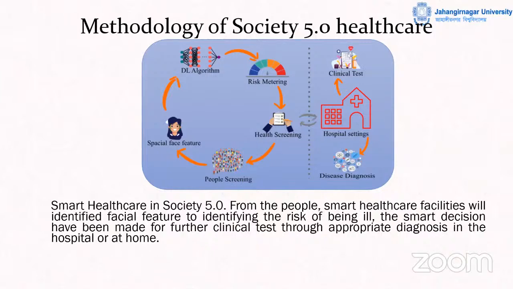If spatial feature analysis is done and trained by a deep learning algorithm, it will give us a risk metering, that your health is in danger or you need to be more conscious about your clinical test. So go to the hospital and diagnose the disease, and get proper medication if needed.